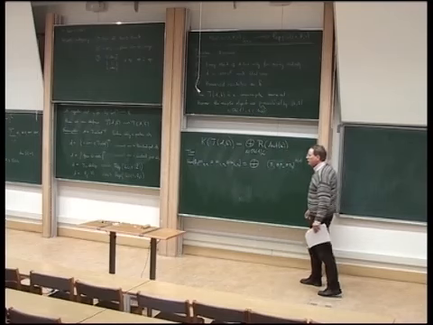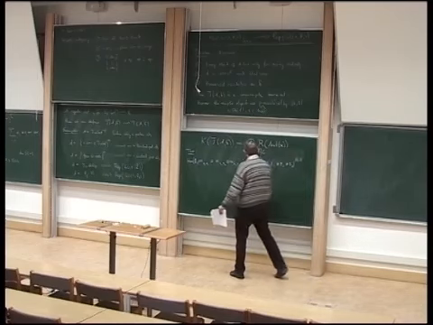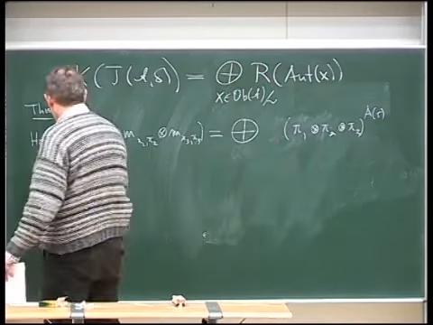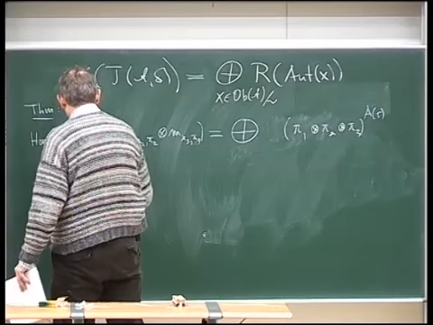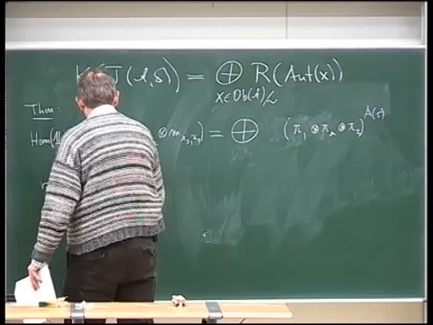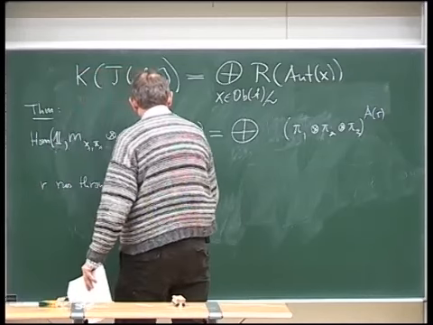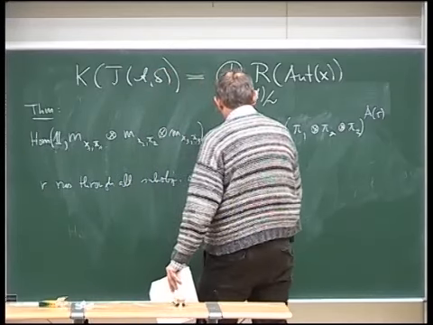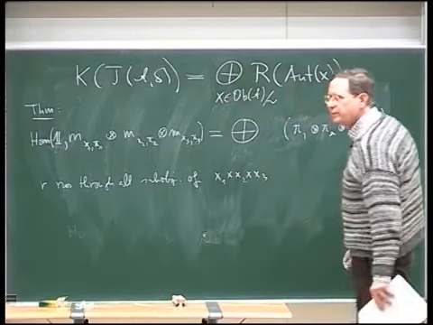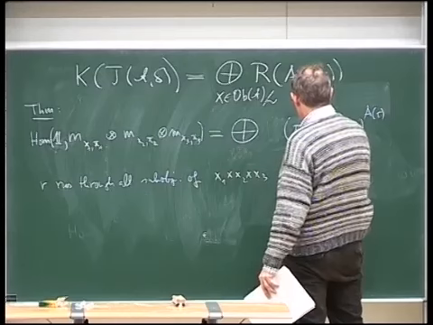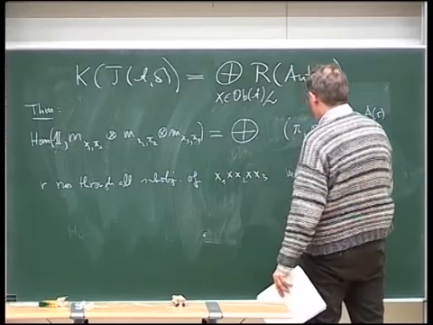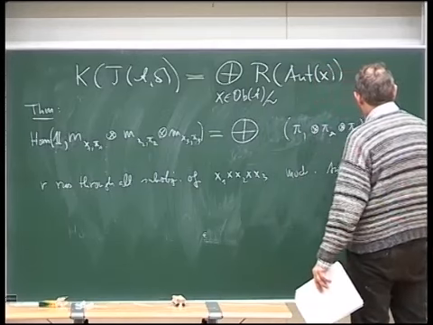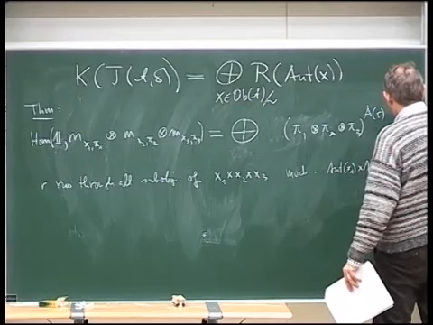So what is R and A of R? Now R runs through all subobjects of x1 cross x2 cross x3 modulo the automorphism groups Aut x1 cross Aut x2 cross Aut x3.